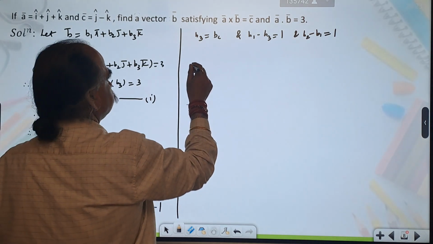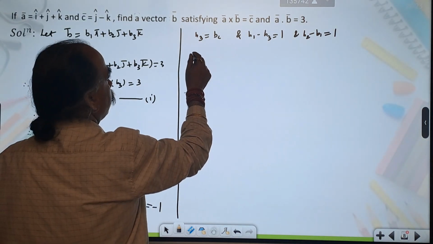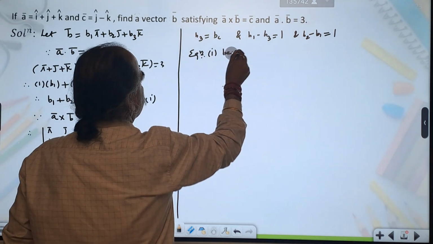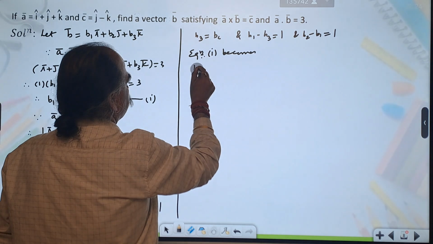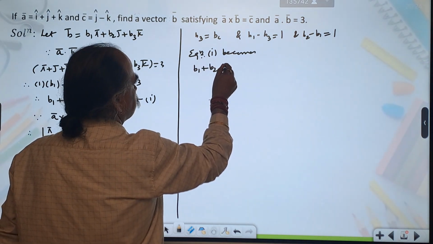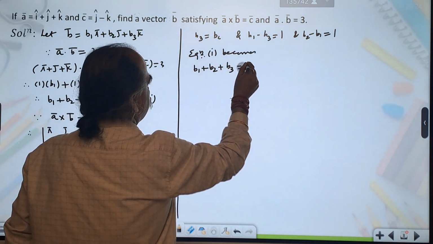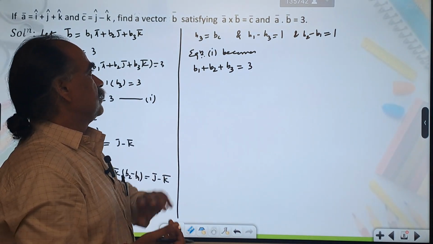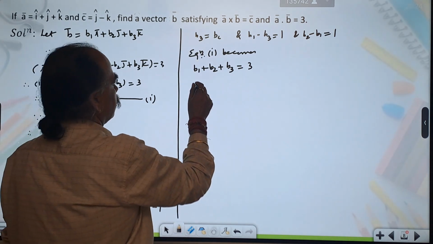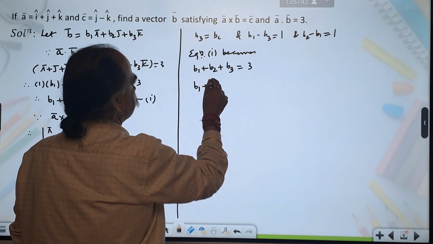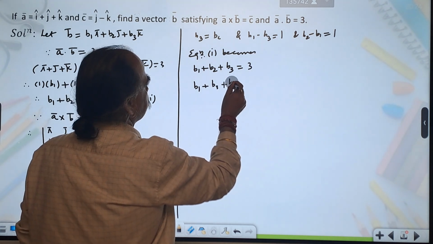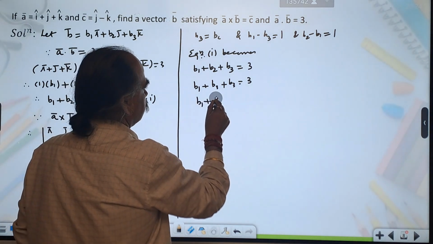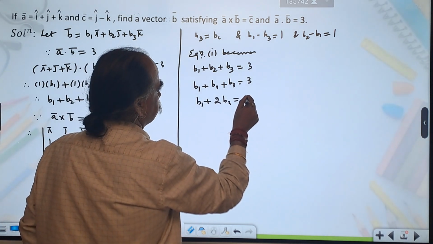Equation 1 becomes b1 plus b2 plus b3 is 3. Now b2 is replaced by b3, so b1 plus b3 plus b3, so b1 plus 2b3 is 3.